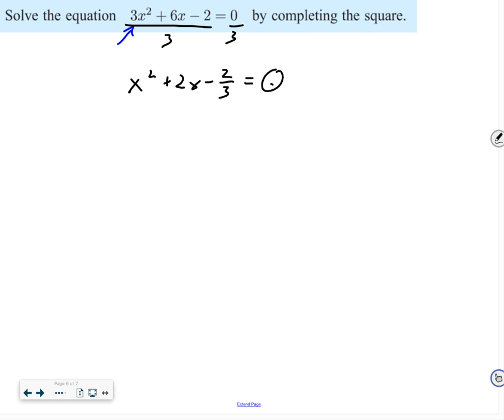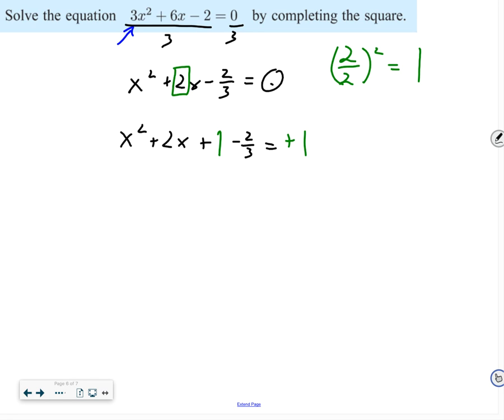Okay, so now that I've dealt with that a value, I do it very much the same as I would before. My b value is 2, so I do 2 divided by 2, and I square it. Well, that's 1 squared, so I'm adding 1 to both sides. So I'm going to have x squared plus 2x plus 1, and then I'm going to add 1 over here, and this is a minus 2 thirds.